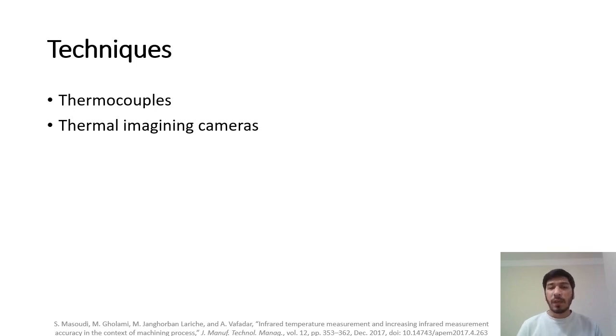Because of the chip formations that take place, it is not easy to identify, though you still can get some areas that the thermocouple can't reach. But because of the repeatability errors, and sometimes difficulties in positioning them exactly where you need, they are not so prominently used.